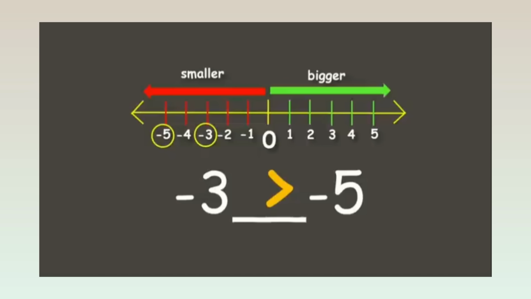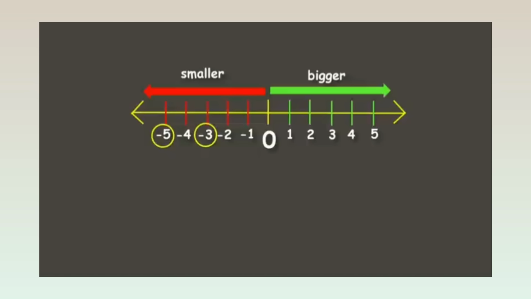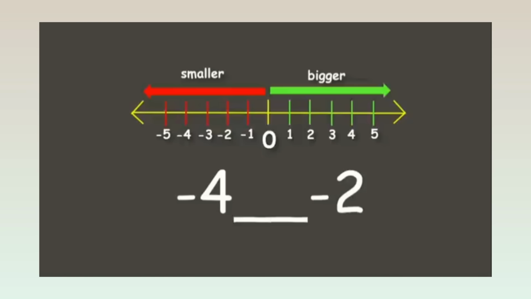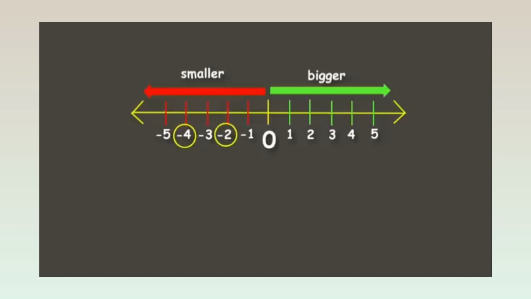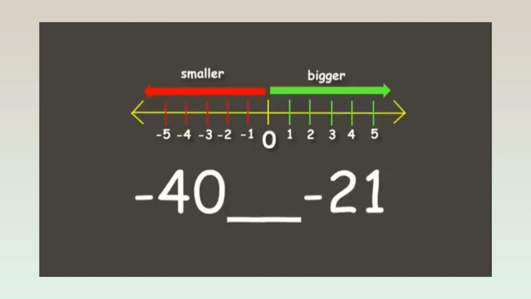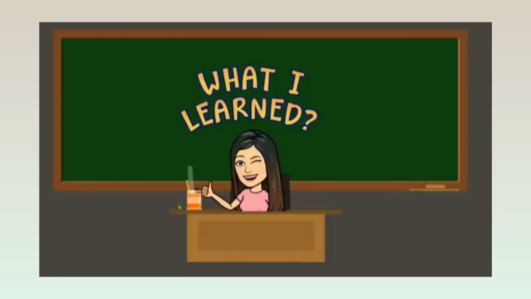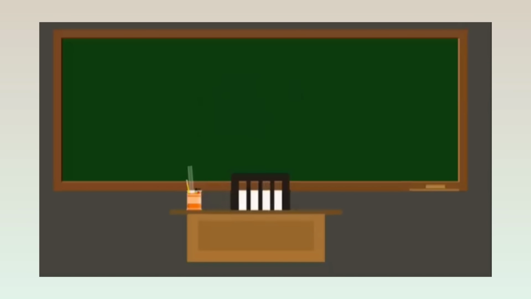In negative numbers, the smaller value becomes the bigger and the bigger value becomes the smaller. If you see -4 and -2, as you see, -4 is on the left hand side of -2. That means -2 is greater. What about -40 and -21? The smaller value -21 will be greater.